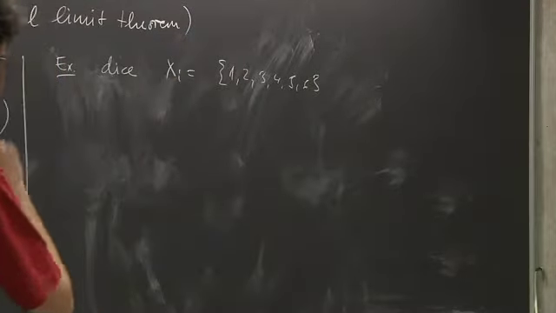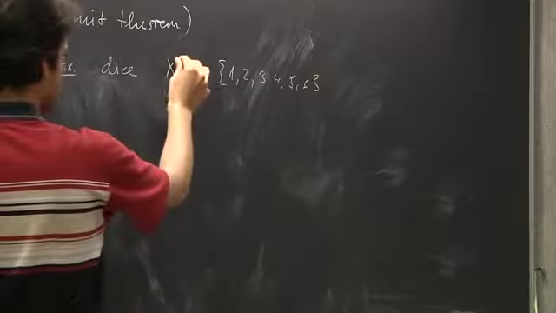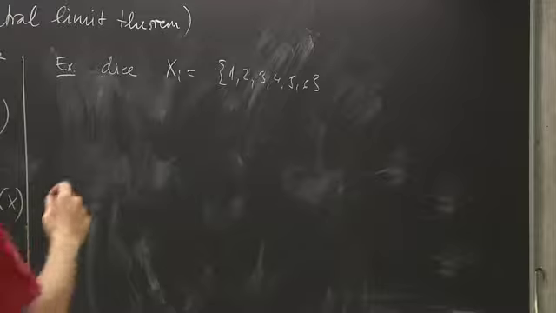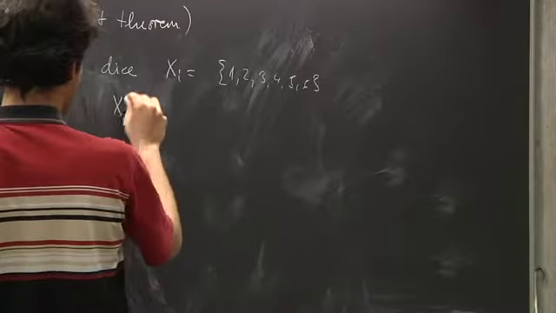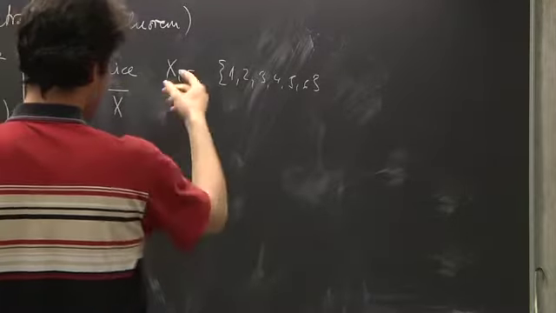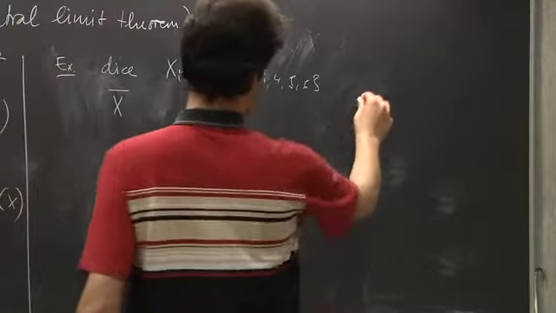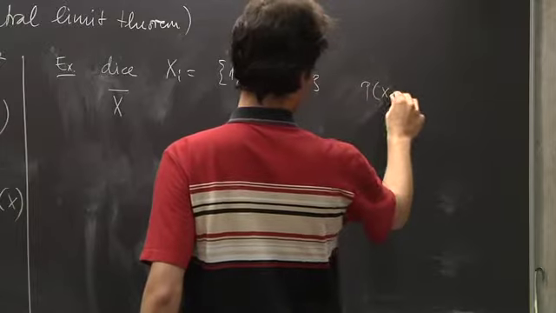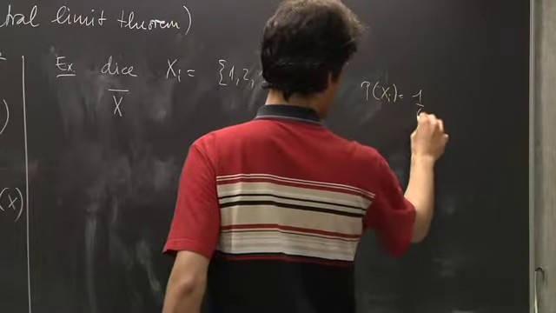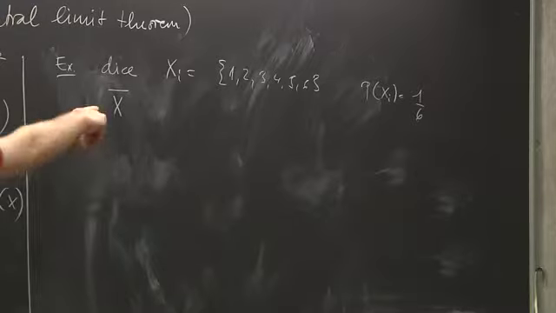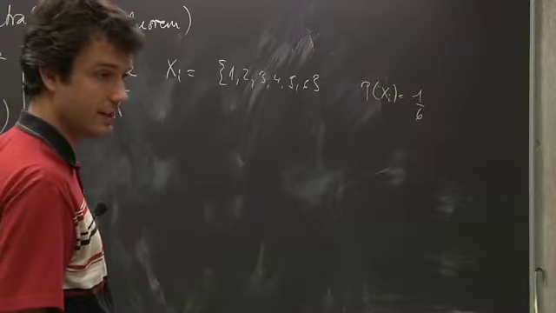What is the expectation value of this x? So p of xi is equal 1/6. No, each number is equiprobable. So what is the expectation value again?